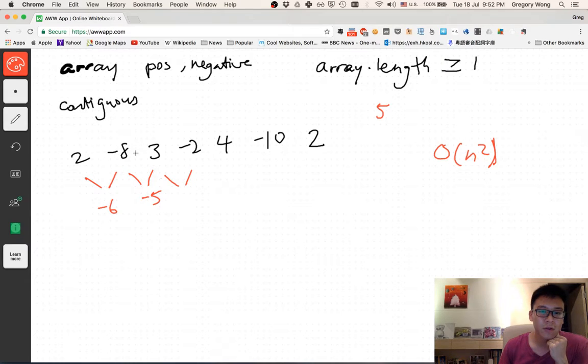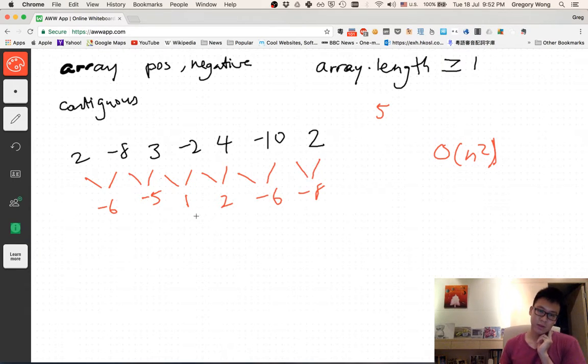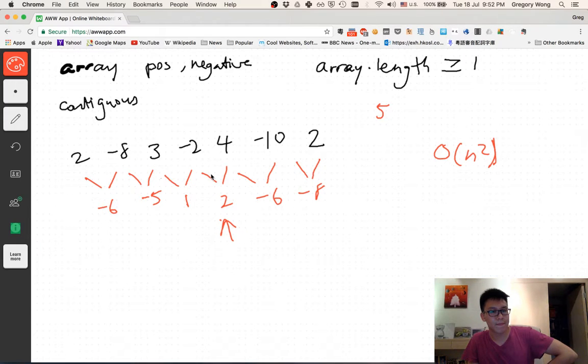So I'm going to look at all these sums and pick the largest one. So it would be 2, and then... okay.